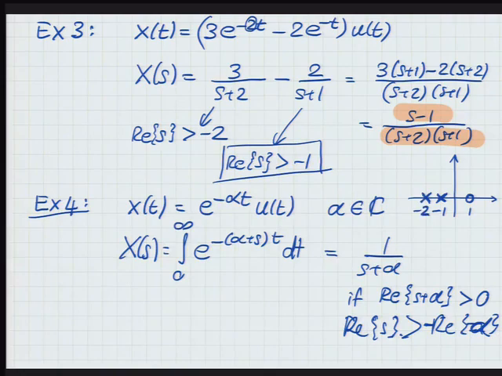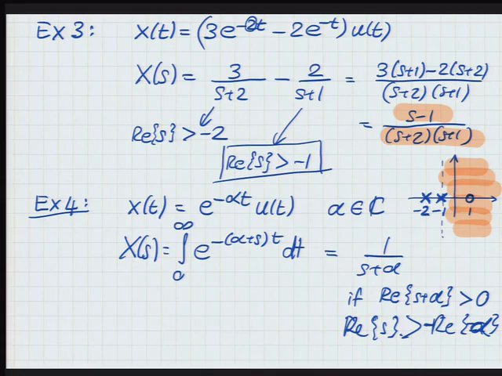And the region of convergence is to the right of the vertical line with real part equal to -1. So neither pole is inside the region of convergence. They just can't be because the value is infinity. That doesn't look like convergence of the integral.